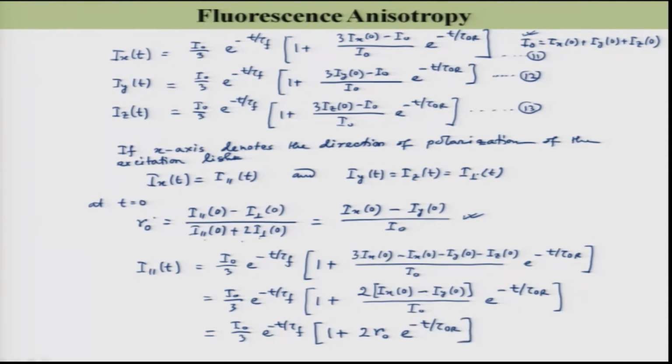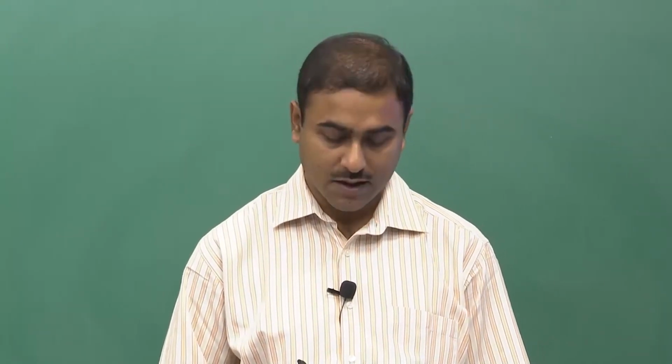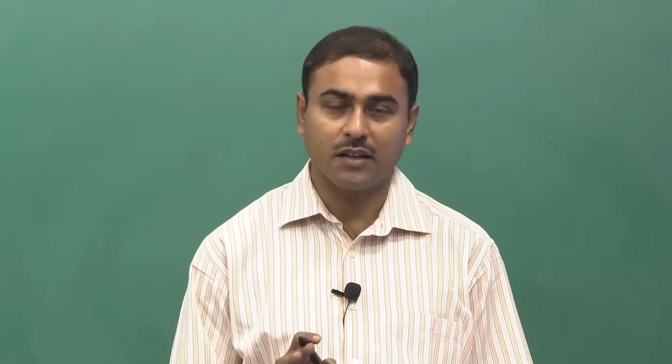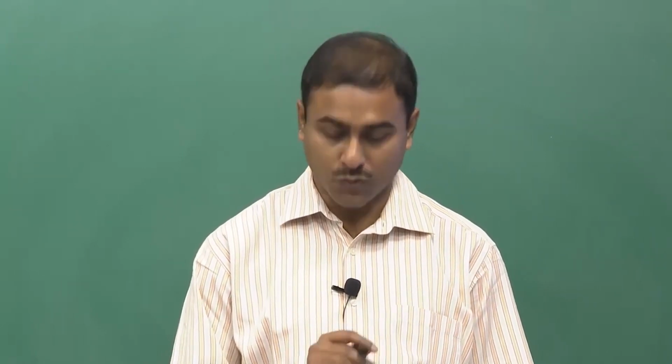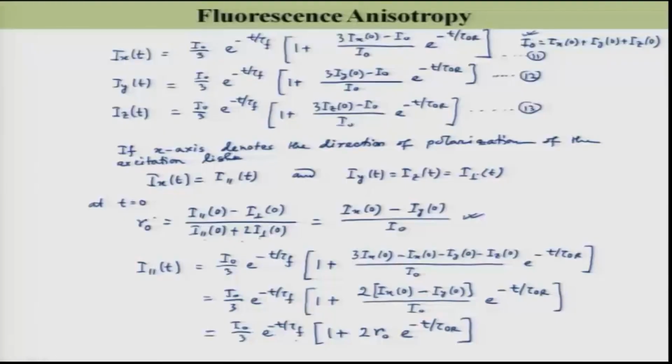So, I parallel is telling that the intensity of the fluorescence which is parallel to the excitation polarization will decay this way. I have two terms here, one is tau f, another is tau r. Tau f is the fluorescence lifetime and tau r is the reorientational time, or orientational relaxation time, right.